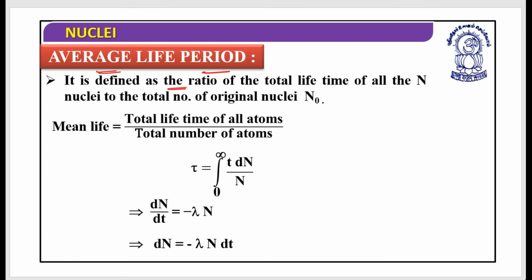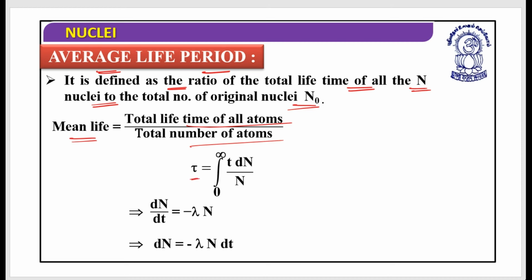Average life period can be defined as the ratio of the total lifetime of all the N nuclei to the total number of original nuclei N naught. So this mean life would be equal to total lifetime of all atoms to the total number of atoms.